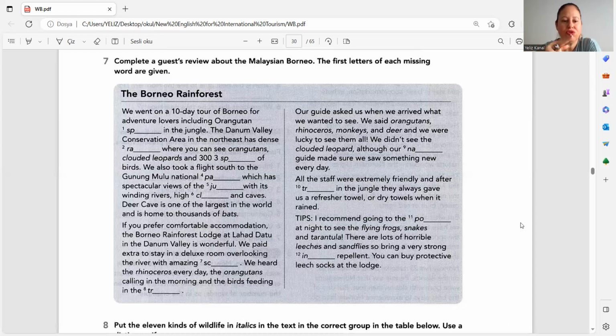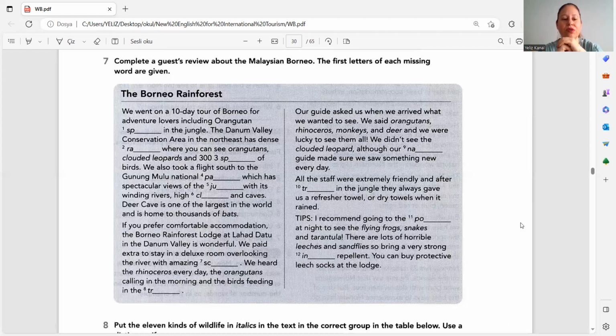We paid extra to stay in a deluxe room overlooking the river with amazing, you want to see an amazing something when you look out at your window. What is that? SC. Scenery, right? Yes. We paid extra to stay in a deluxe room overlooking the river with amazing scenery. Evet. Yani sırf o oda için ekstra para ödemişler yani.